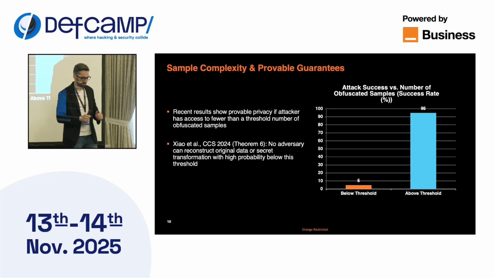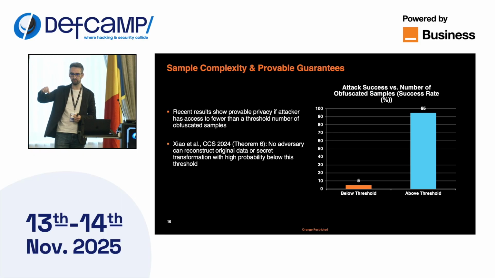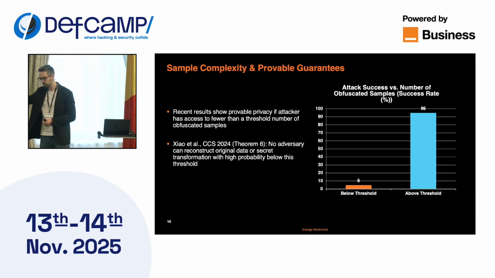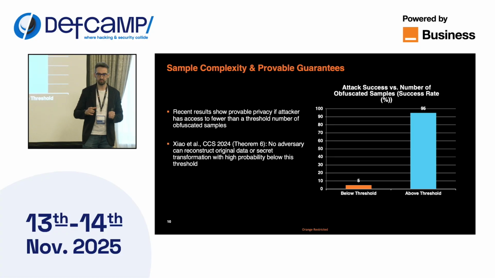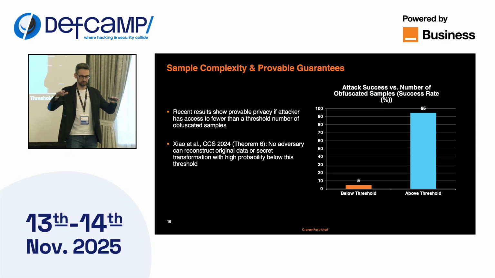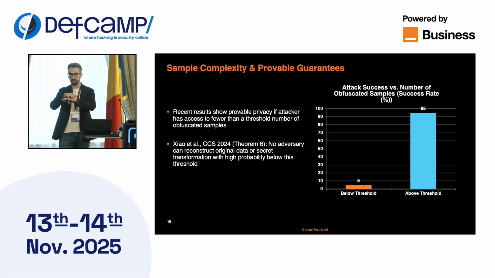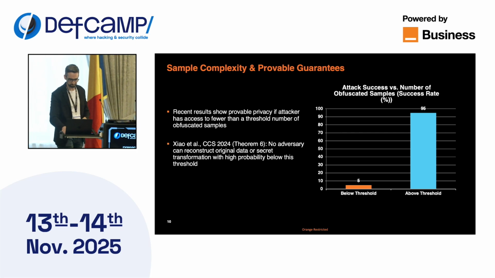So it's like, I apply this obfuscation method to my images, and I can be 100% sure that if an attacker does not get more than a particular threshold of examples, I am secure. No matter how powerful that attacker is, the attacker cannot reconstruct the original data.